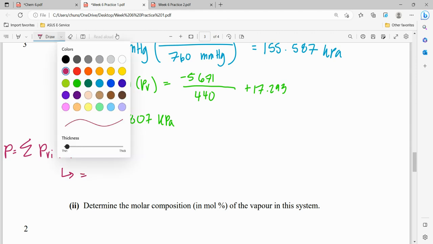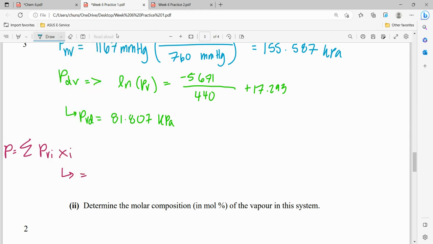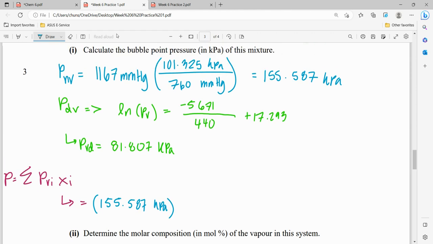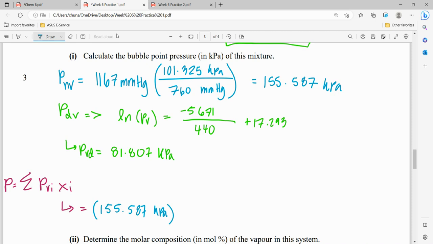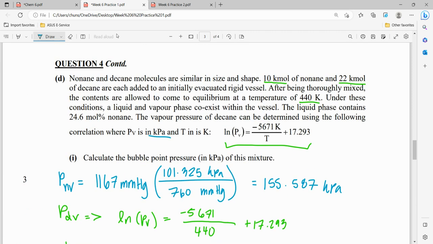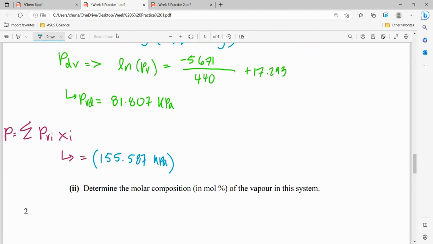So for our nonane, we have our pressure, and we have the composition, which is 24.6%.